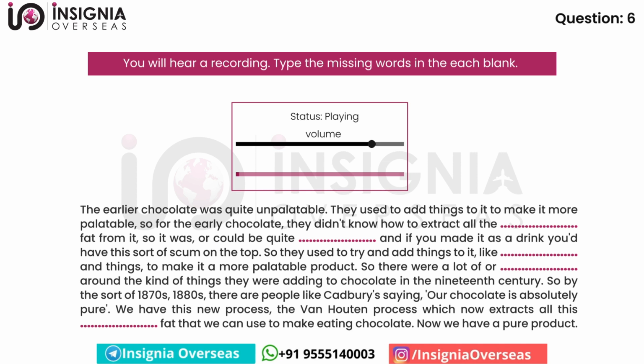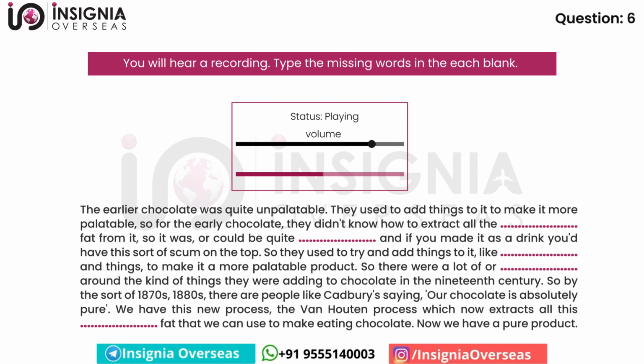The earlier chocolate was quite unpalatable. They used to add things to it to make it more palatable, so for the early chocolate, they didn't know how to extract all the cocoa fat from it, so it could be quite greasy, and if you made it as a drink you'd have this sort of scum on the top. So they used to try and add things to it, like starch, to make it a more palatable product.